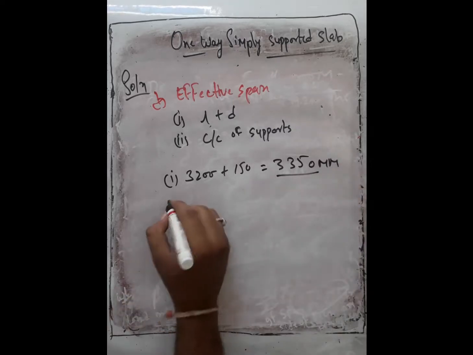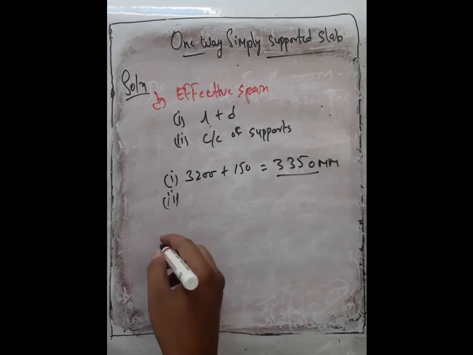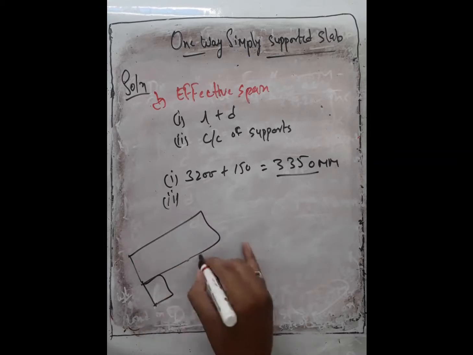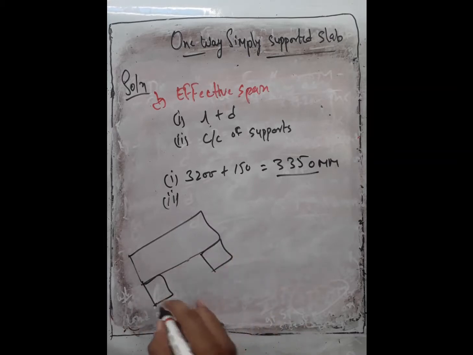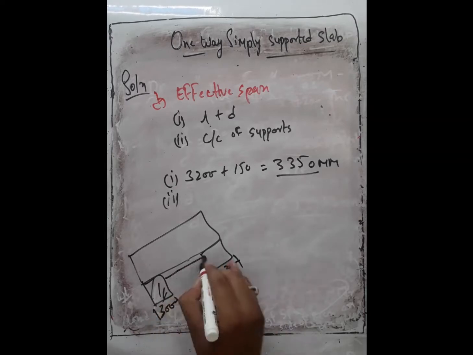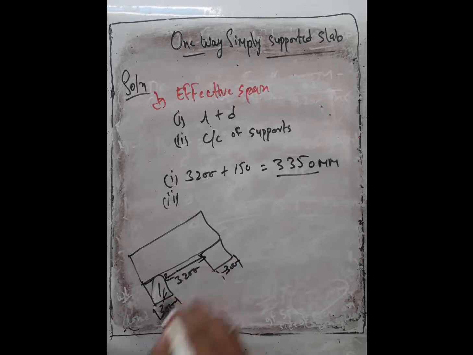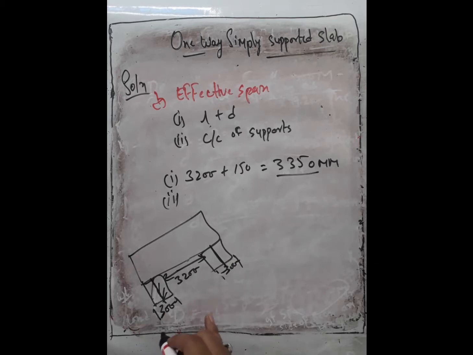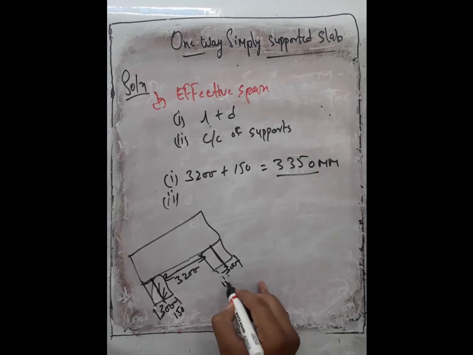Now we have to find center to center of supports. If this is our slab, and this slab is supported on this wall, and this wall thickness is 300 mm, and this wall thickness is 300 mm, and we have clear span of 3200 mm. Center to center of support means from this point to this point, so we take 150 from that side and 150 from that side.